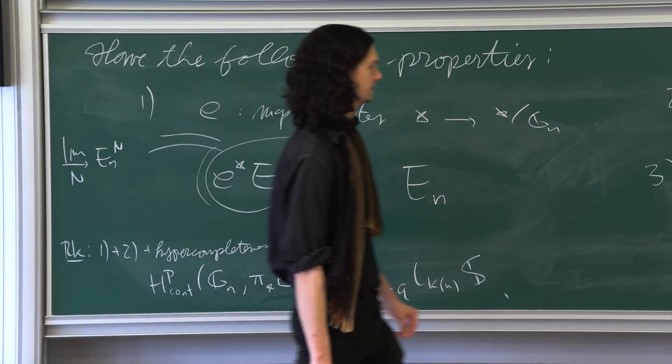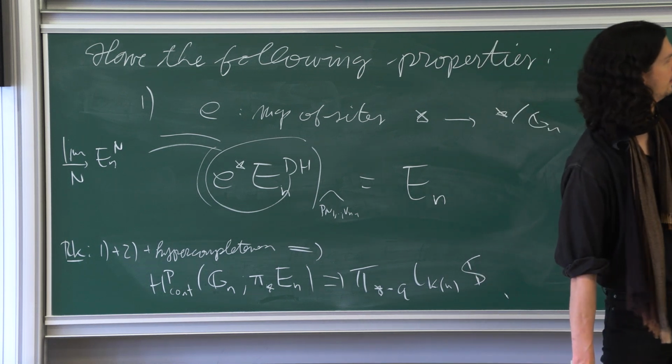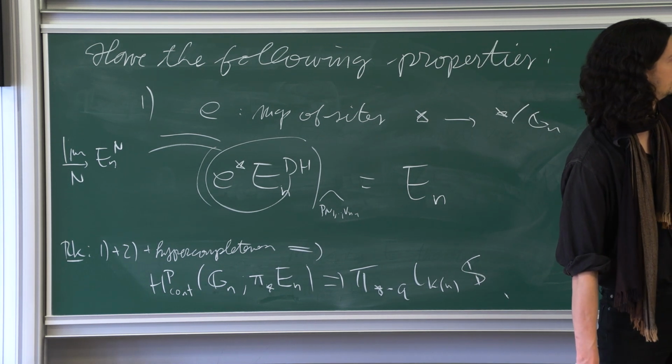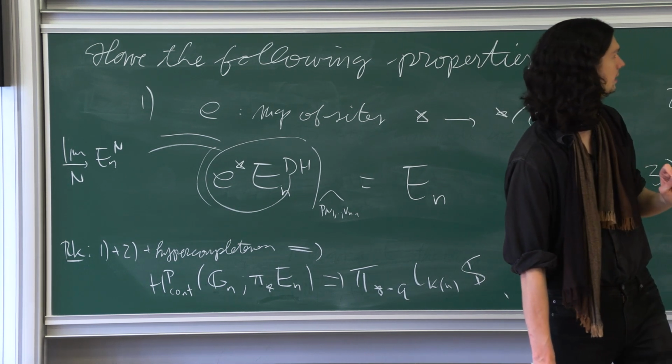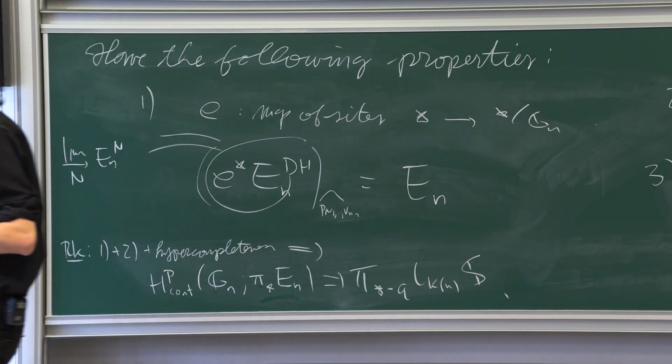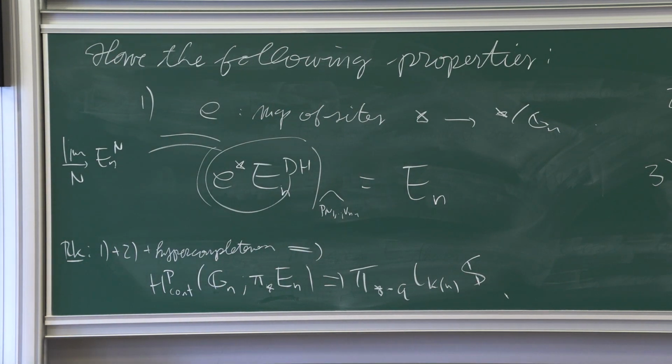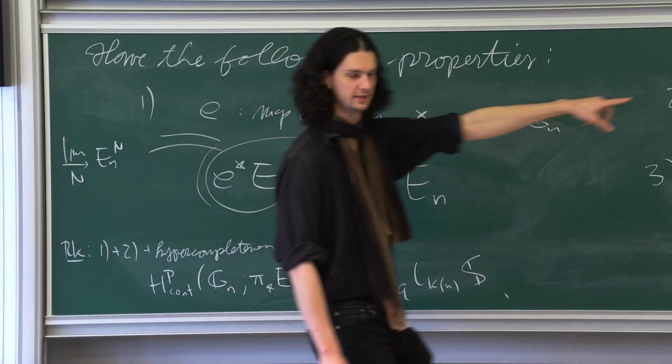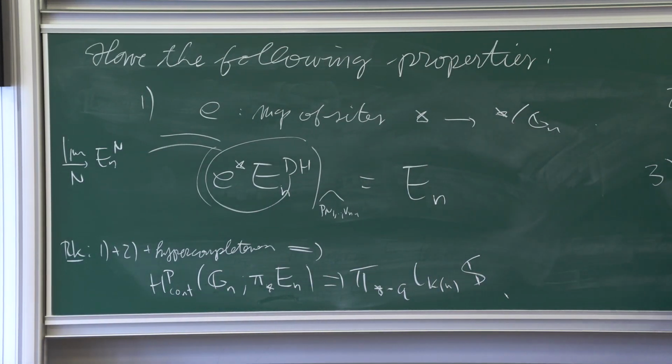Yes, that's true. I wrote that up there. And how do you define it when capital N is a profinite group? Capital N I chose as an open normal subgroup of this profinite group here.